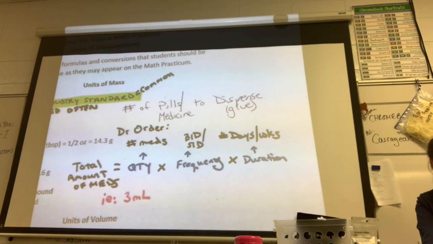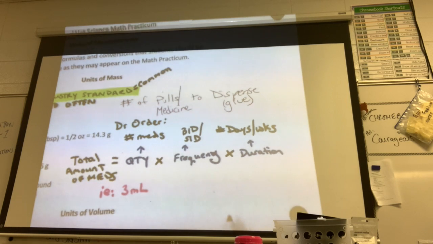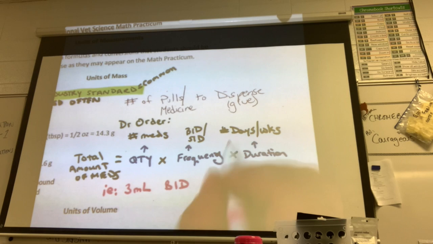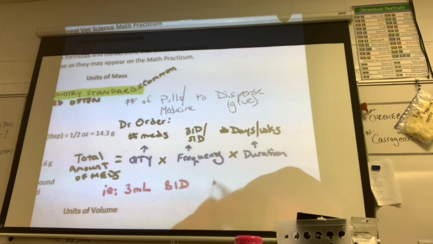What do we want? I'll say BID. Give me a number between 1 and 21. 13? Okay. I'm going to round that. Is it okay if I round it? So I'm going to go 2 weeks.